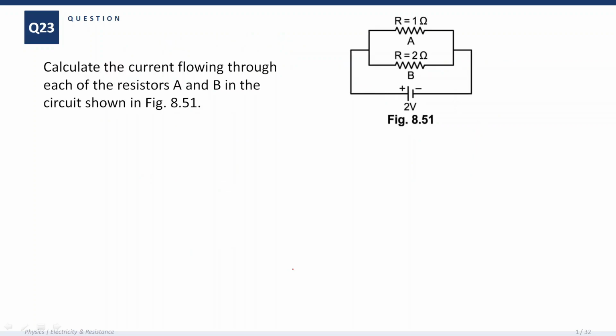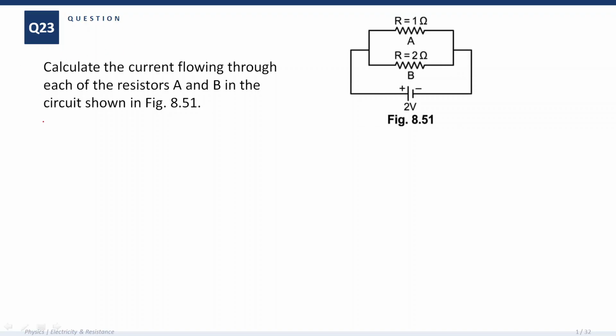The next question. Calculate the current flowing through each of the resistors A and B in the circuit shown in the figure. Okay, there are two resistors A and B connected in parallel. Battery EMF is 2 volt.